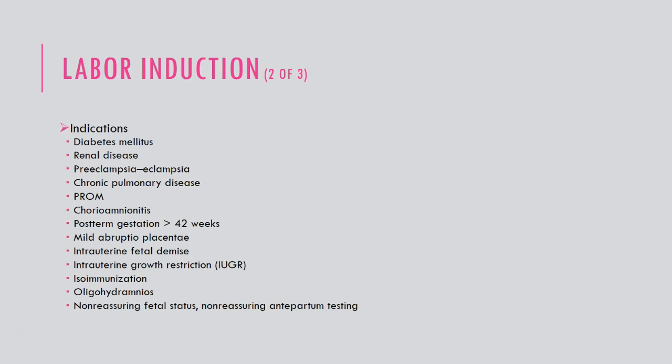But if the baby's looking really bad, then we would never induce somebody with a non-reassuring status if it was terrible. We would do a C-section. But there are situations where the fetal heart rate status might be mildly non-reassuring, but we would watch those people extremely closely. Again, continuous fetal heart rate monitoring throughout this process.